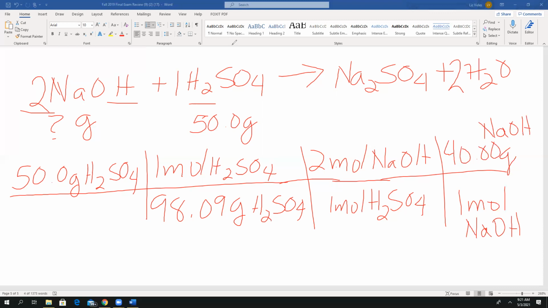Because all the bottoms are ones, the answer is 40.77, but we have 3 sig figs, so 40.8 grams of NaOH. There you go. And that is what I got. So that's your stoichiometry problems for the day.